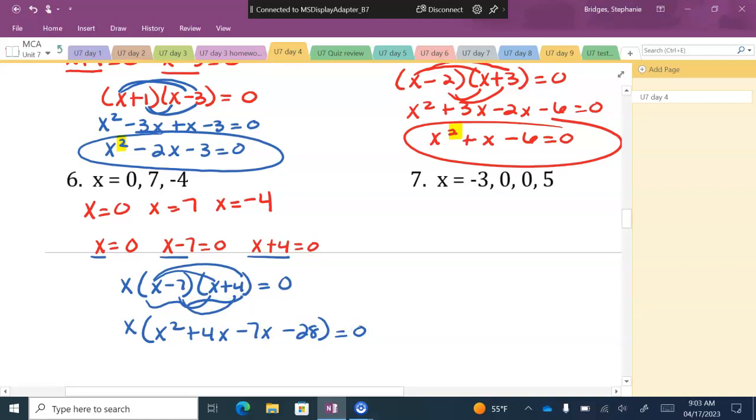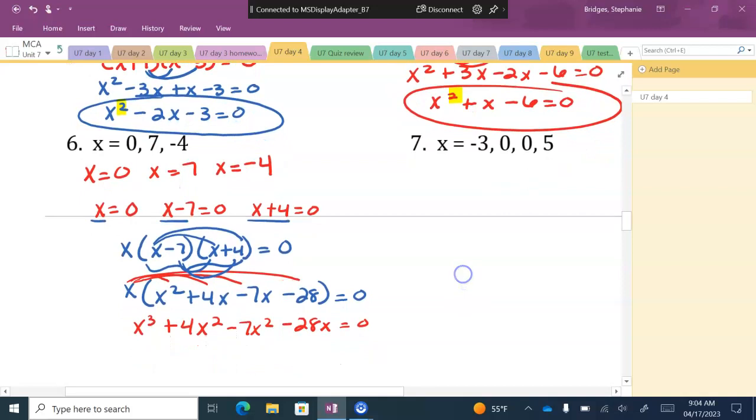And then once I distribute the 2 binomials, then I can take whatever is in the front of those and distribute it. Or you can combine your like terms first, either way, but I'm going to go ahead and distribute. And then I'm going to combine my like terms last because I distributed first.